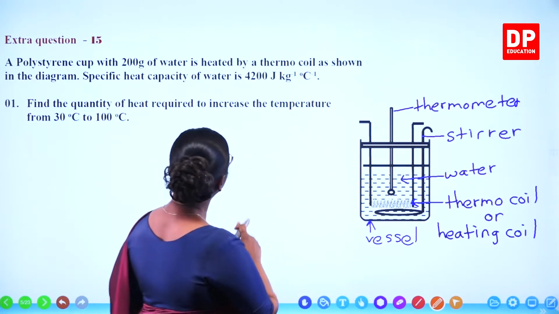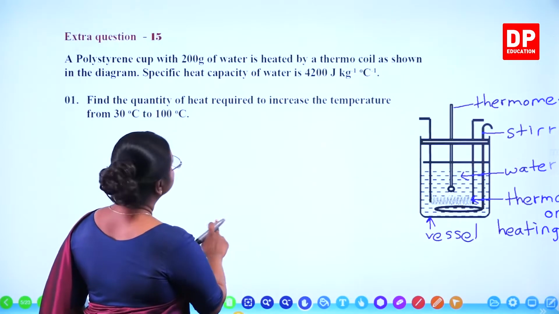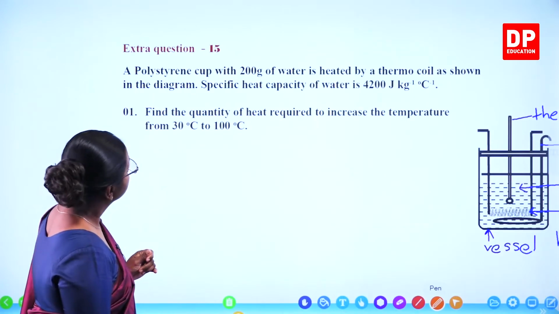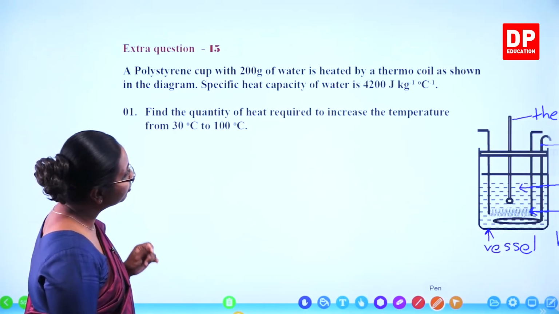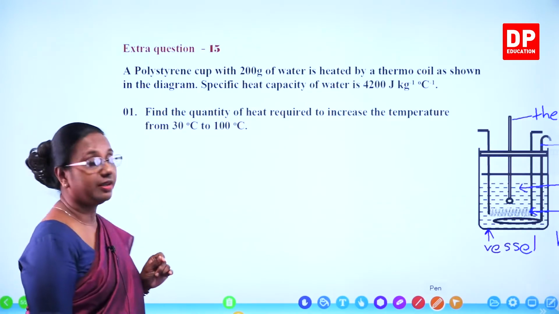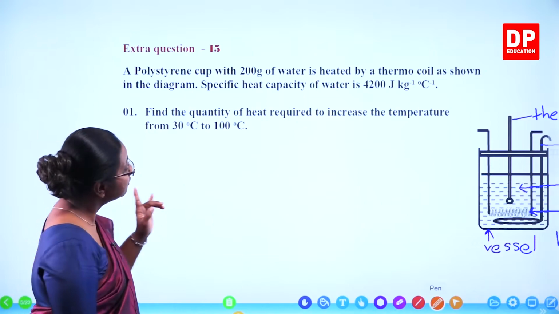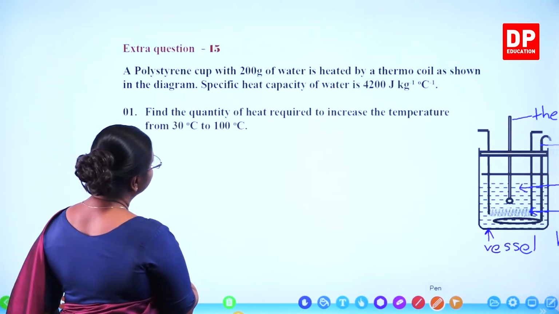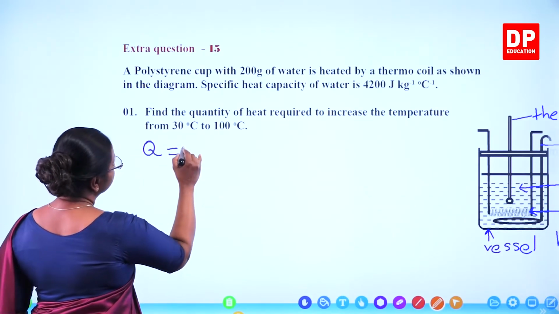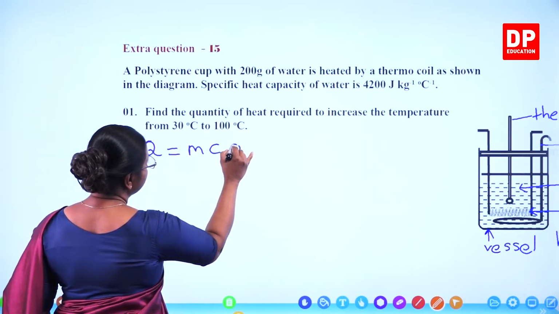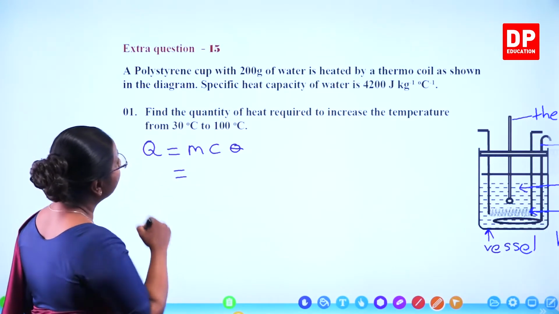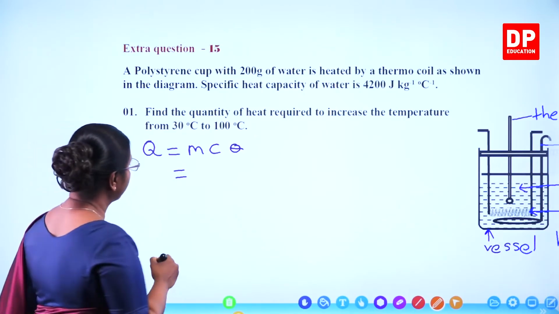So then if we look at the questions, find the quantity of heat required to increase the temperature from 30 degrees Celsius to 100 degrees Celsius. So that is the first question. You're familiar with the calculation. We need to find the heat, that is equal to Q. Q is equal to mc theta. Now they have said the mass of water is 200 grams.